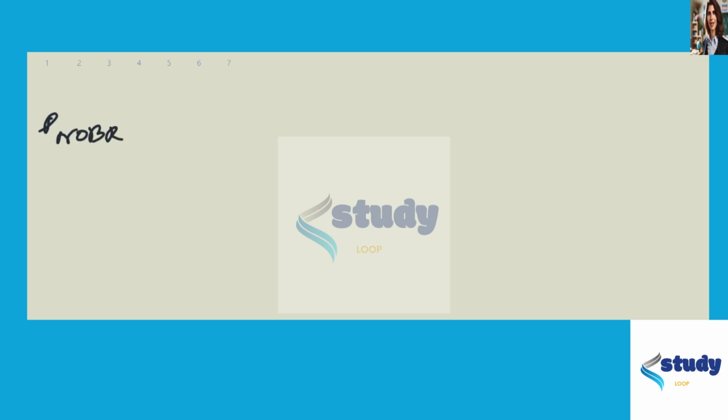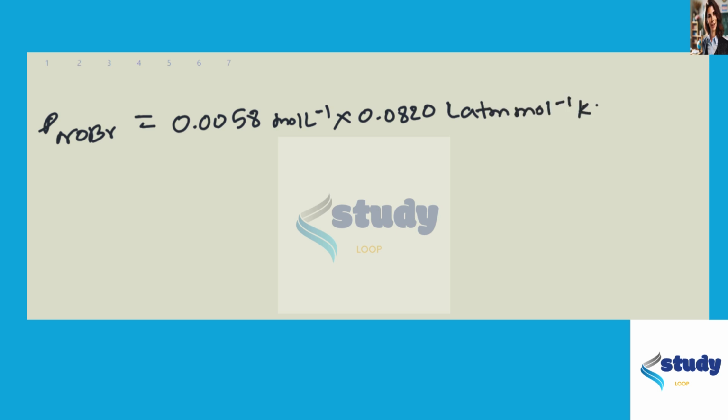For NOBr, it will be the concentration of NOBr, which we have calculated as 0.0058 molar, or mole per liter, times the universal gas constant in liter atm units, which is 0.0820 liter atm per mole per Kelvin, times the temperature, which is 373 Kelvin, given as 100 degrees C, which on the Kelvin scale is 373 Kelvin.